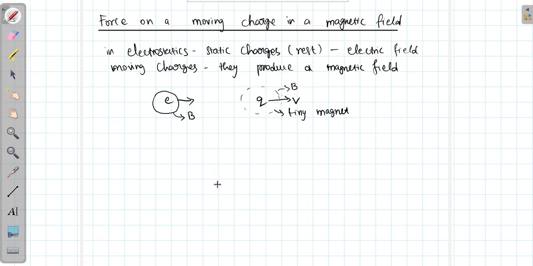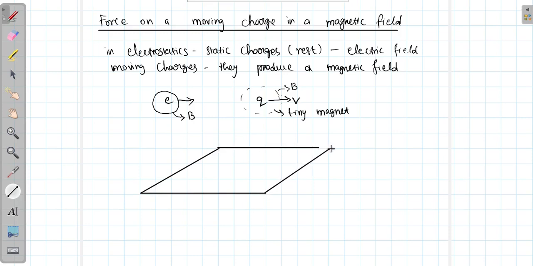Now we are going to discuss the mathematics behind this concept. Consider this as the x-axis and this as the y-axis.